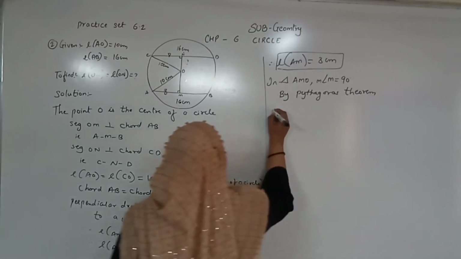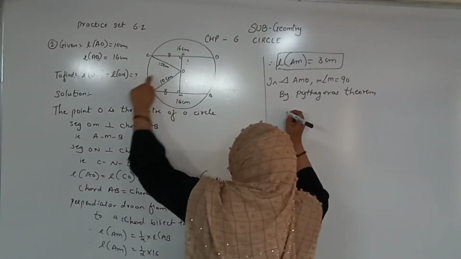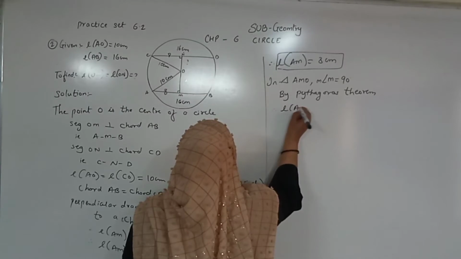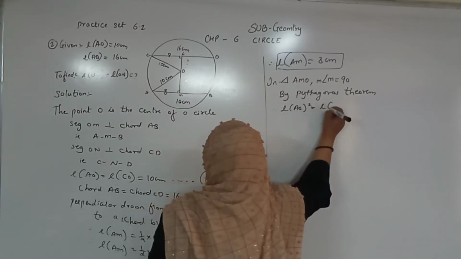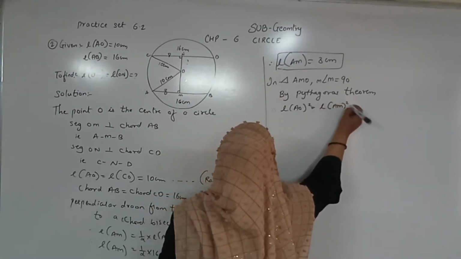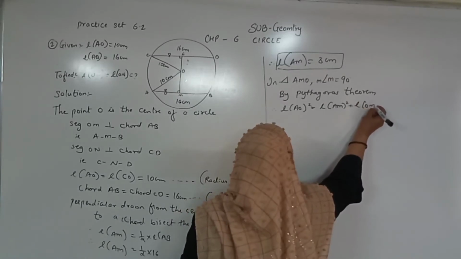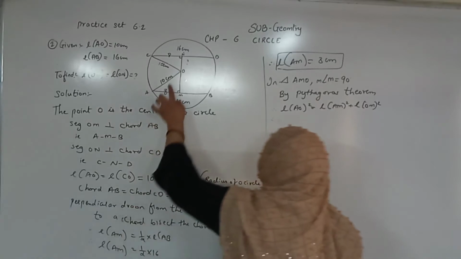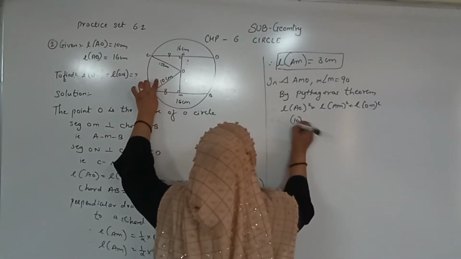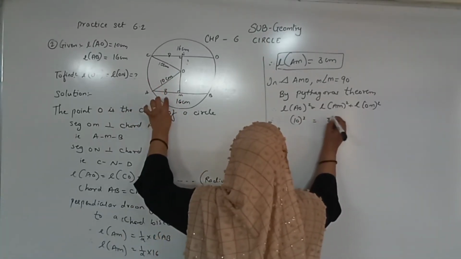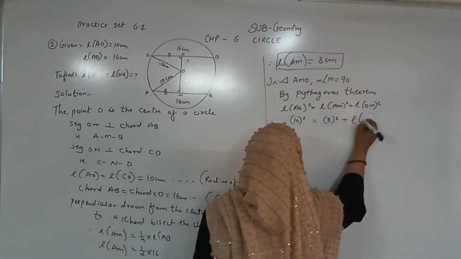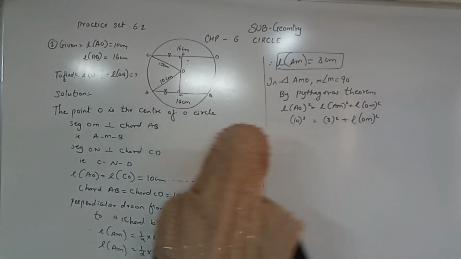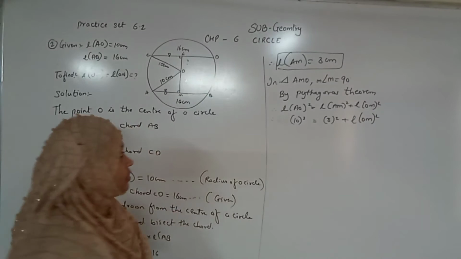What is the hypotenuse? The side opposite the 90 degree angle. Length AO squared equals length AM squared plus length OM squared. Length AO is 10 centimeters, so 10 squared equals 8 squared plus OM squared. I don't have the length of OM, so I will put it like this.